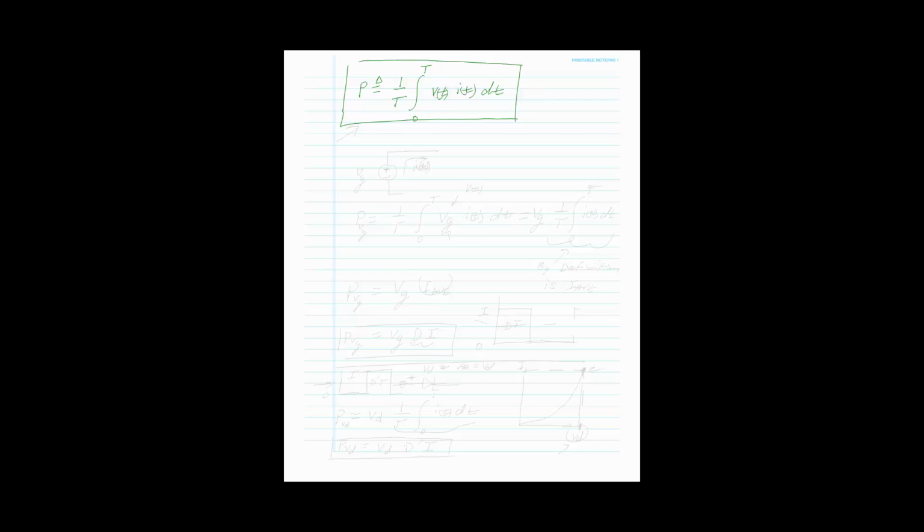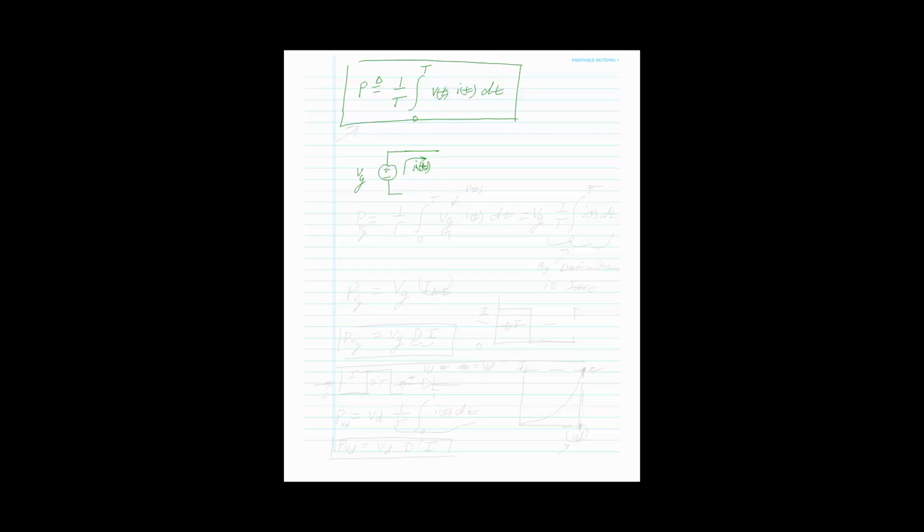So what does this mean? This means if I have an input voltage, V sub G, and I have a current running through it, I sub T, what do we have here?